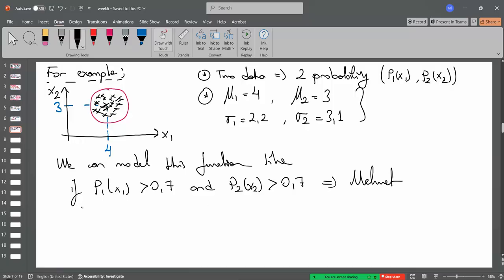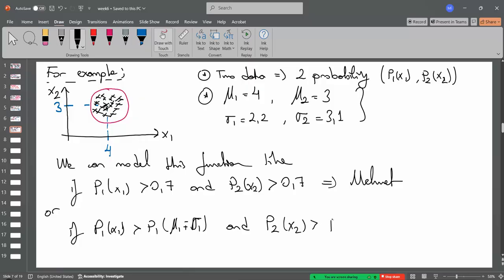Or in scientific terms, if p1 x1 is greater than p1 of mu 1 plus minus sigma 1, and p2 x2 is greater than p2 of mu 2 plus minus sigma 2, then we can say that this is also Mehmet.